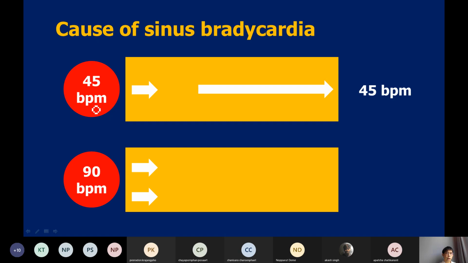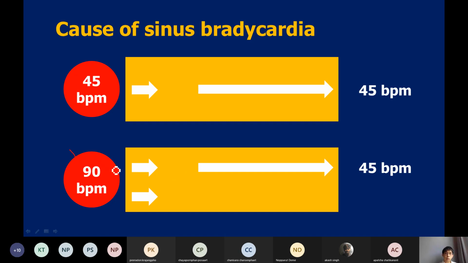Another type of sinus bradycardia is the abnormality of the paranodal area, or the conduction of the impulse out of the SA node. You can see that in the red, the impulse generator could still generate a normal heartbeat of 90 beats per minute.